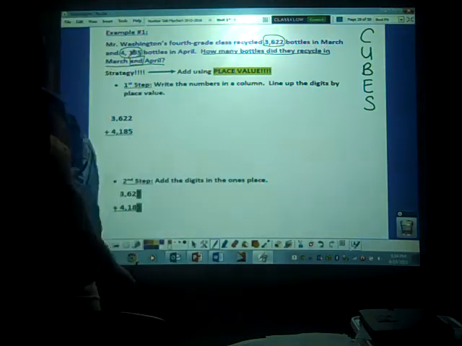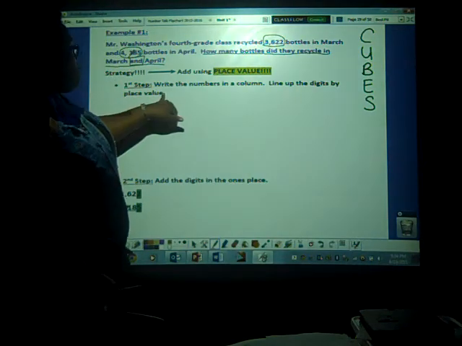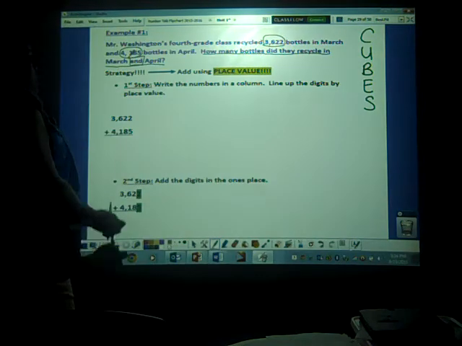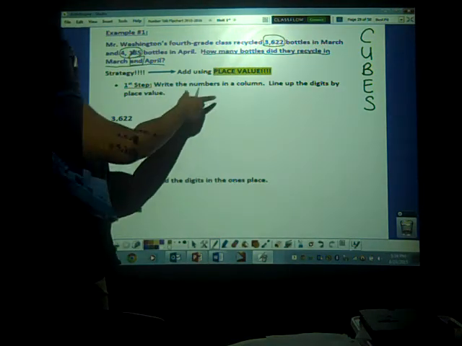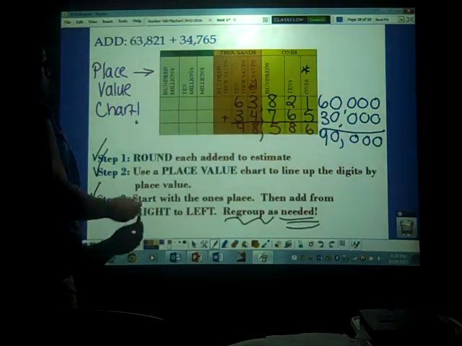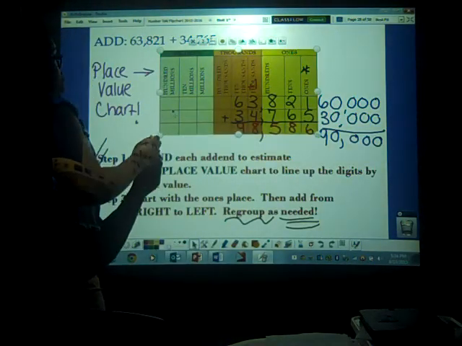I got you. So step 1, we're going to write the numbers in a column, line up the digits by place value. So what I have right here, I didn't use a place value chart. You guys can use a place value chart if you want to. Like if I wanted to copy this right here.